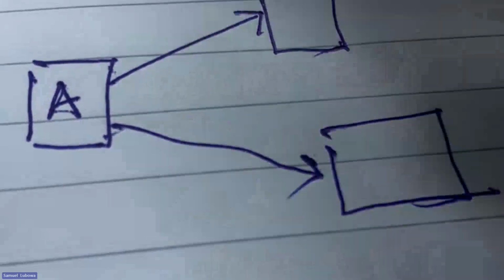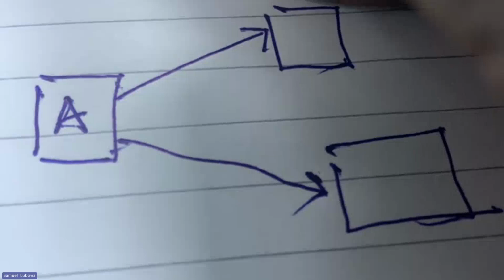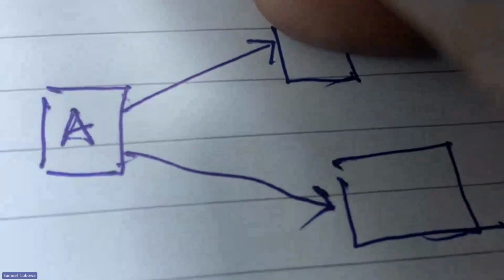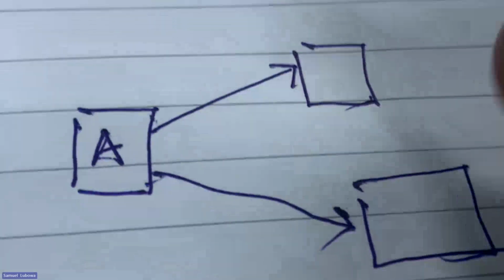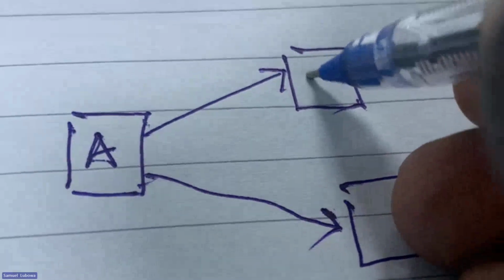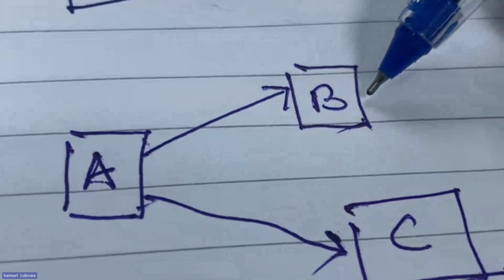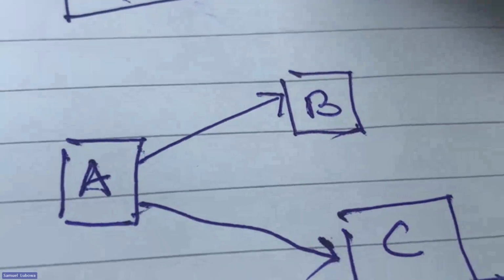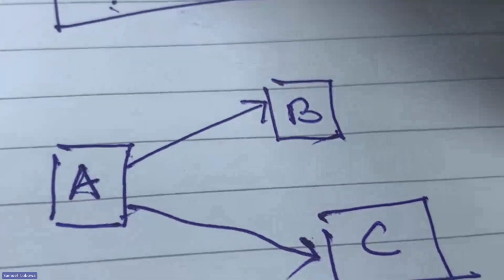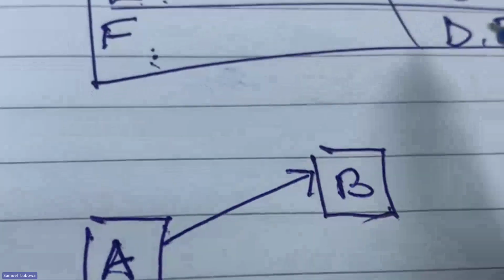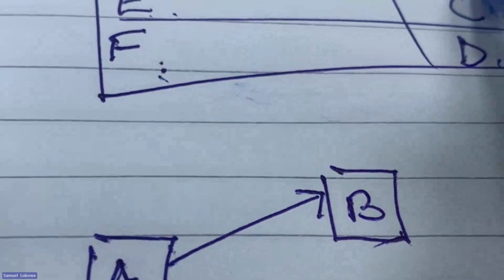We can say that for activity B to start, A must finish, and also for C to start, A must finish. So meaning that here we have B as well as C. Since these are done, now we go to activity D. For D to start, activity B must be done.